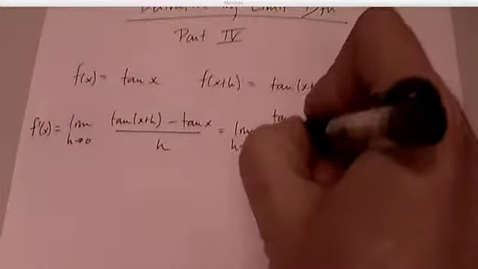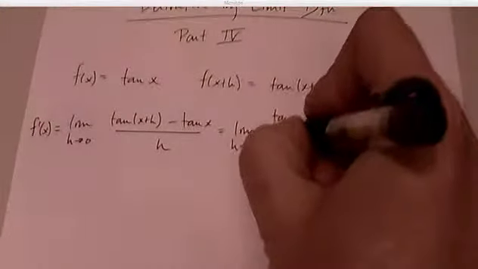Okay, did you see that? So this right here came down as secant squared. This still remains right here in this denominator, and this got split up into those two.